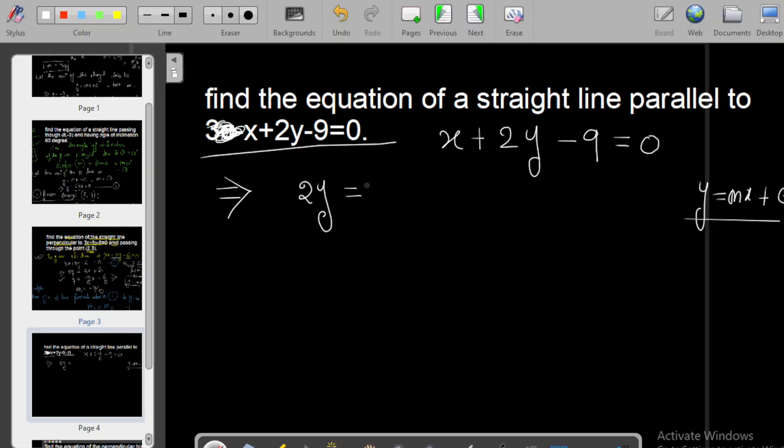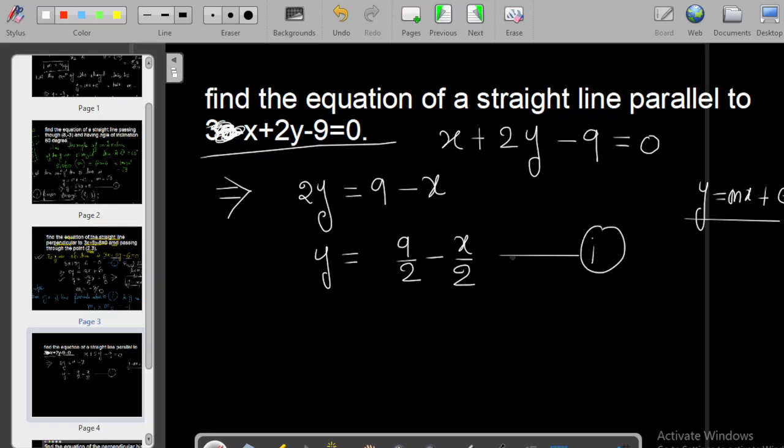So 2y equals 9 minus 2x, because we have taken all the terms to the right excepting the y related term. So from here y becomes 9 by 2 minus x by 2. So y equals minus x upon 2 plus 9 upon 2.